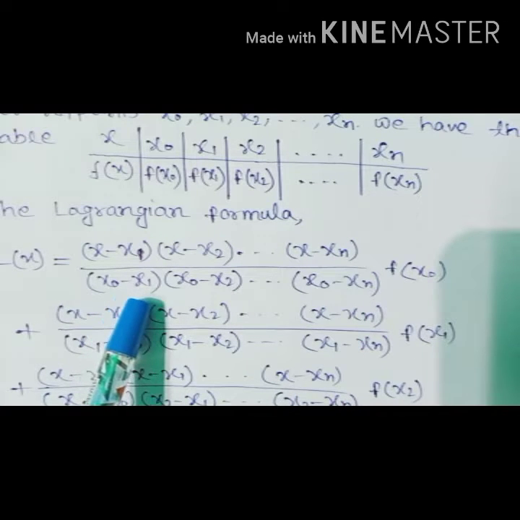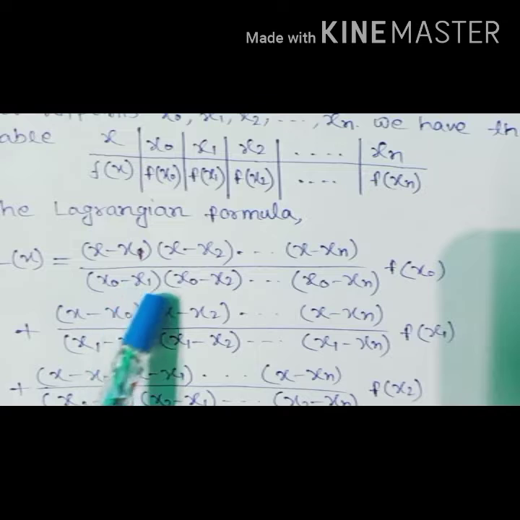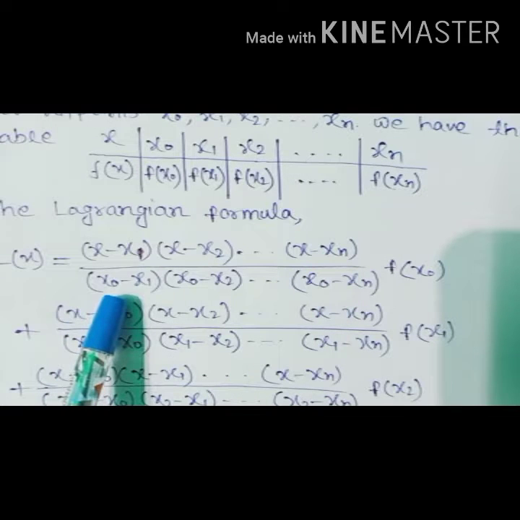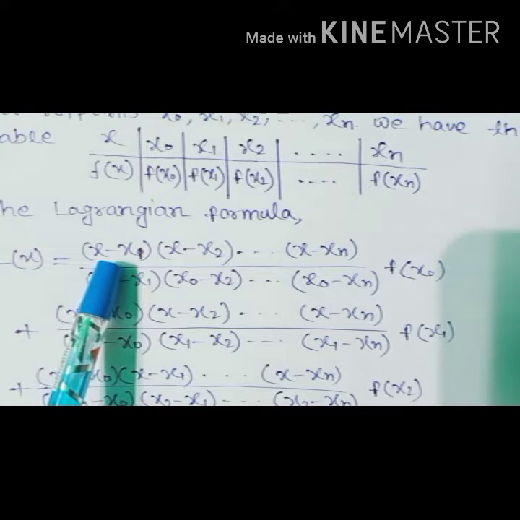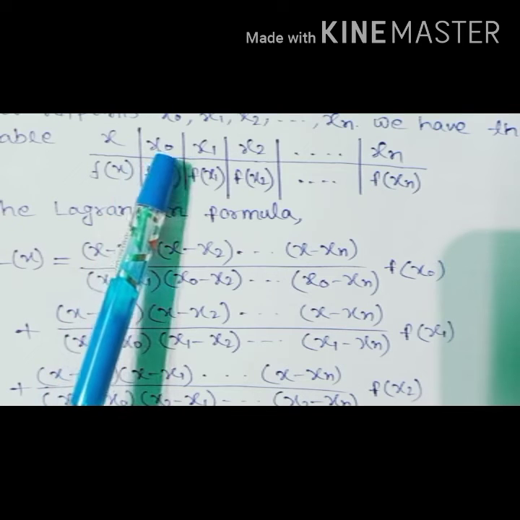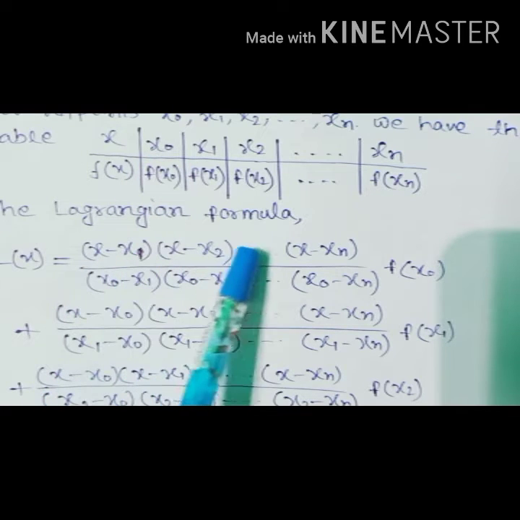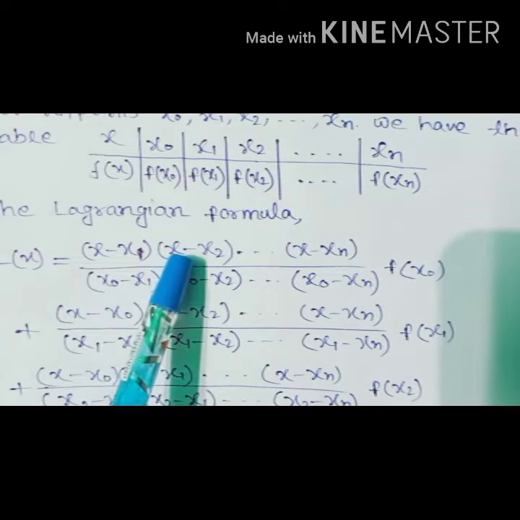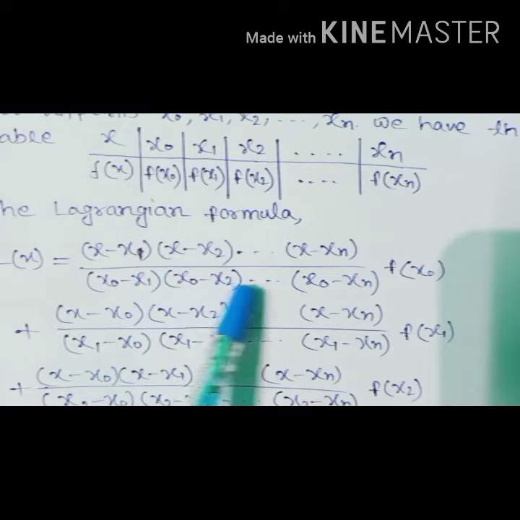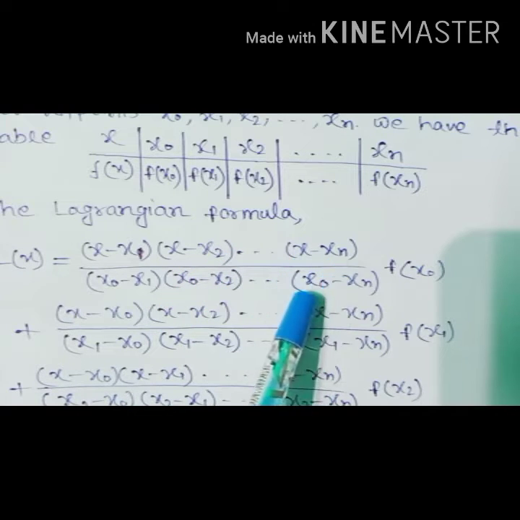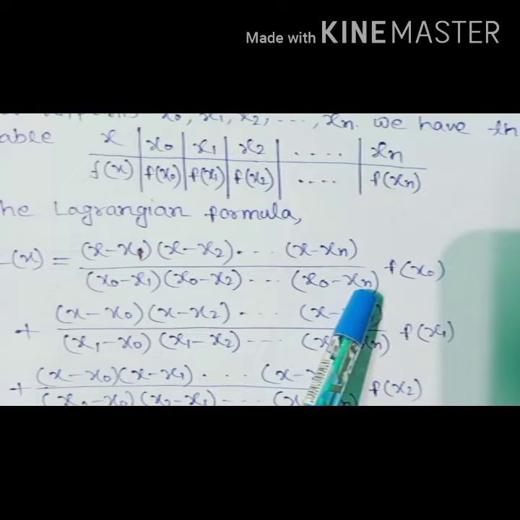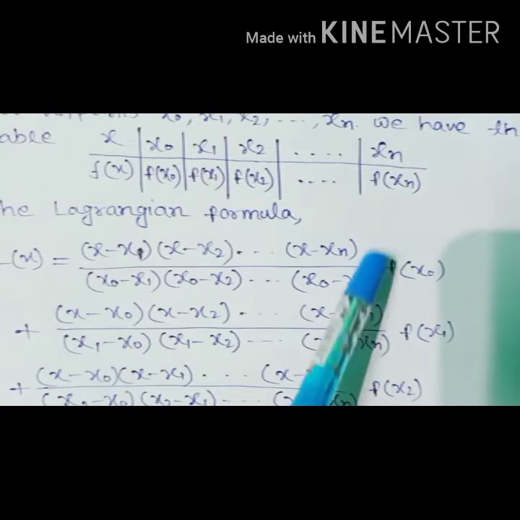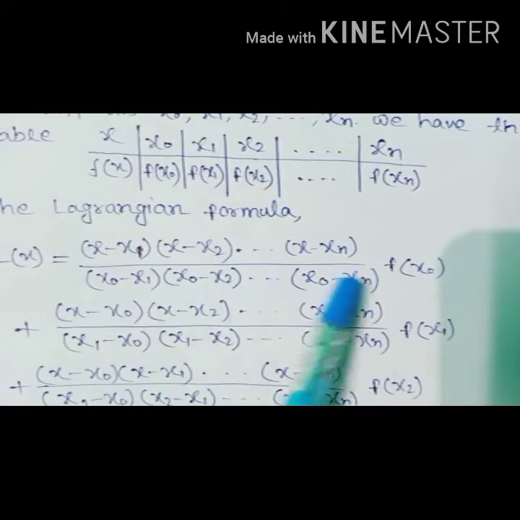In the denominator I have written the same as in the upper part, but instead of x I have written x0. So the denominator is x0 minus x1, x0 minus x2, up to x0 minus xn, into x0's corresponding value fx0. This is the first term.